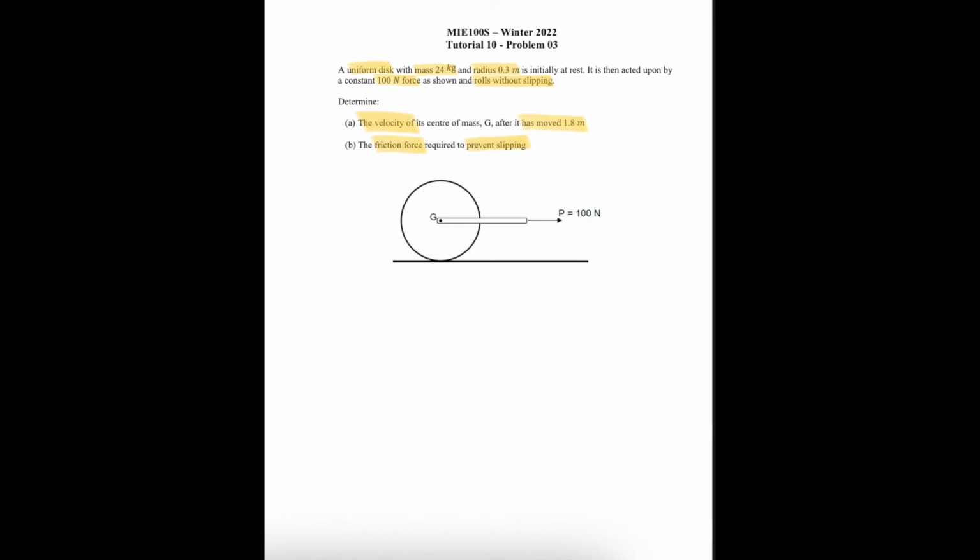So for this question, our known values are the mass, which is 24 kilograms, the radius, which is 0.3 meters, the force, which is 100 newtons, and we know that it rolls without slipping.